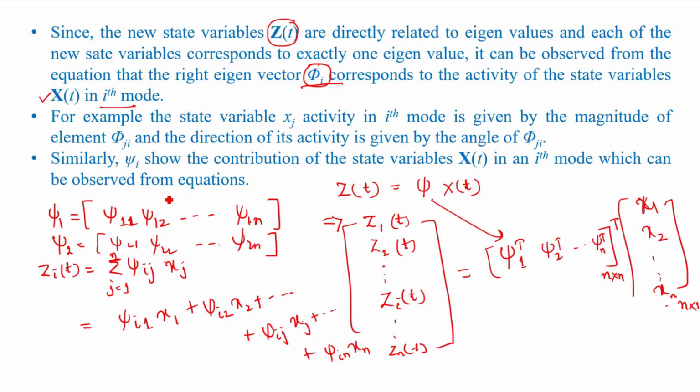So that means what it indicates is that this psi i will in fact show the contribution of the state variable xj in the ith mode, right?